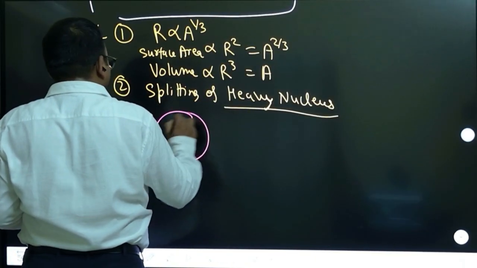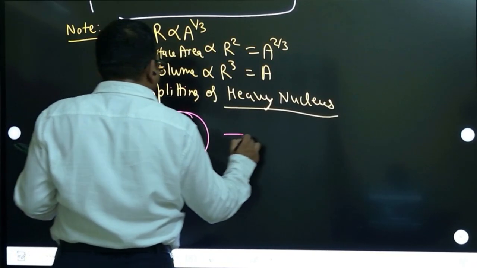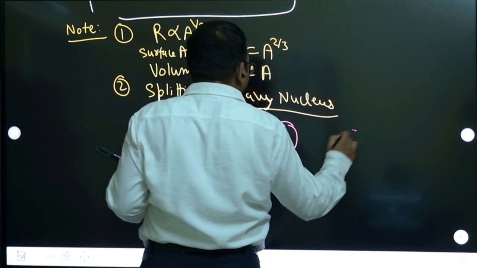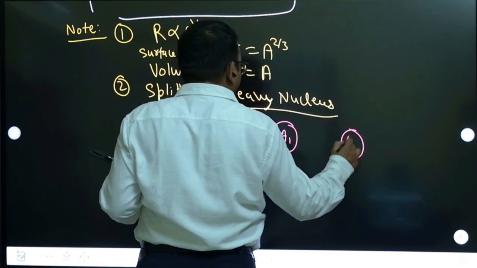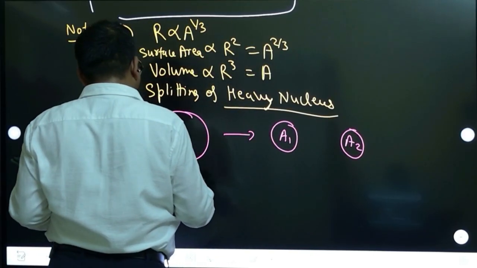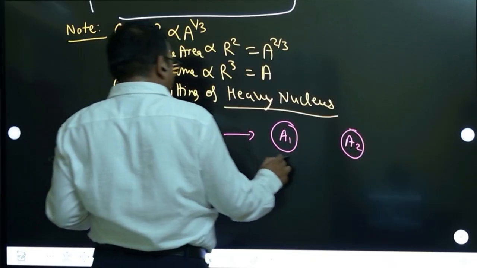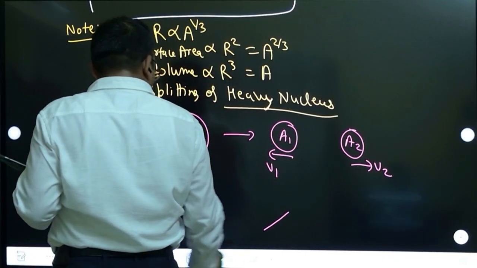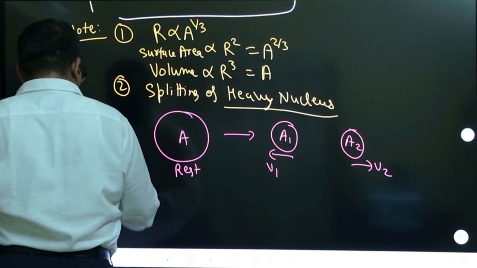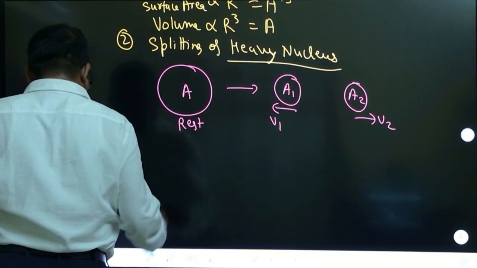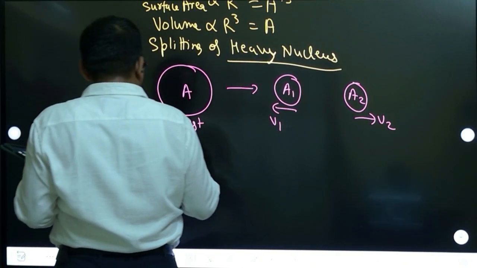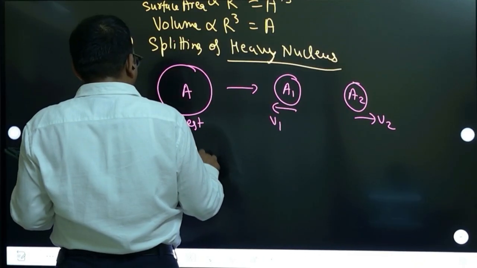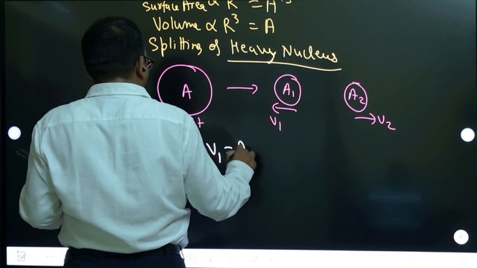Suppose this is a nucleus, mass number A. It breaks into two nuclei with mass numbers A1, A2, and let us say that initially it is at rest. So one will be moving with velocity v1, the other with velocity v2. We can apply conservation of linear momentum, just like the explosion of a bomb, right? So A1 v1 is equal to A2 v2.